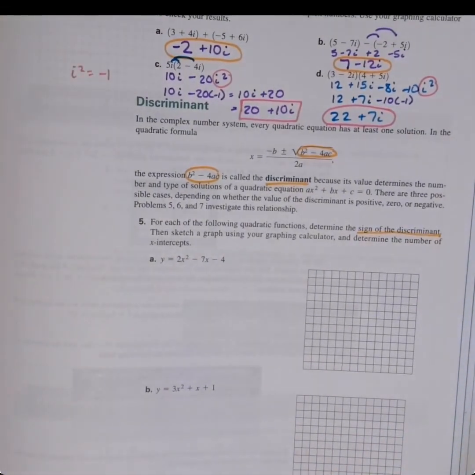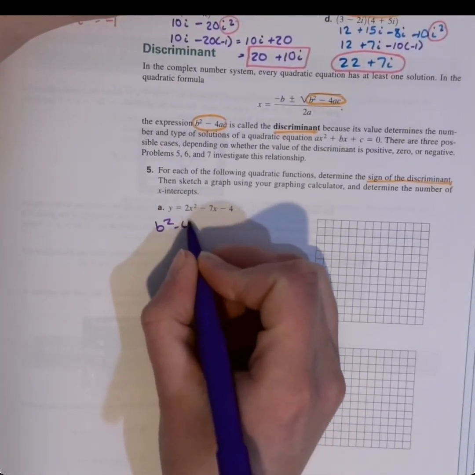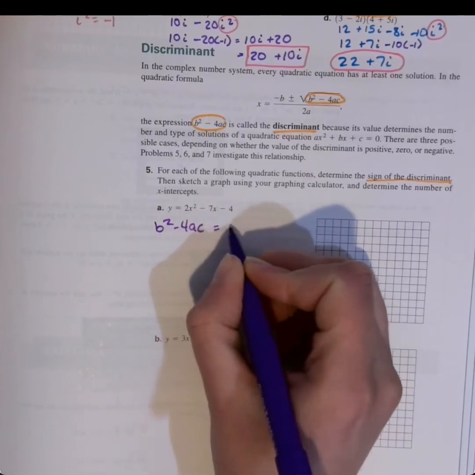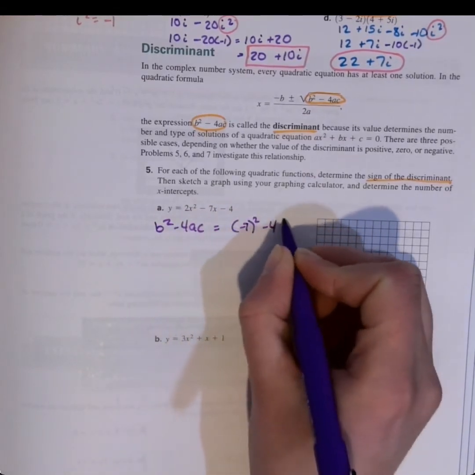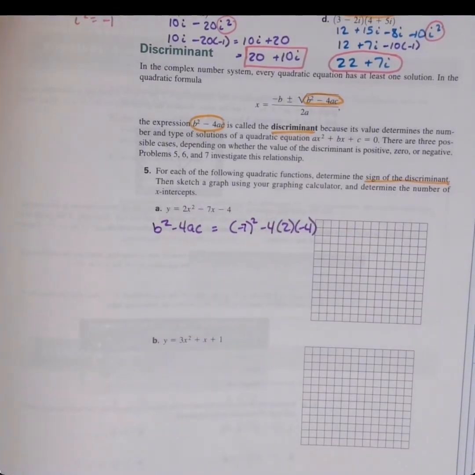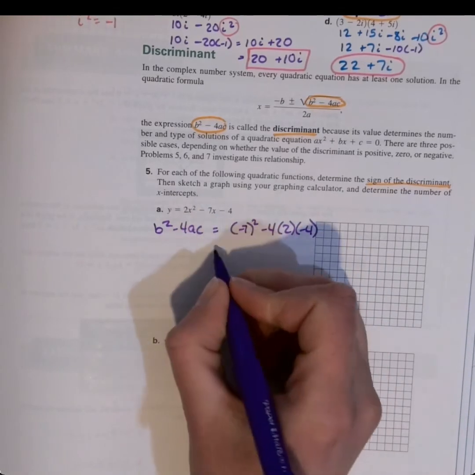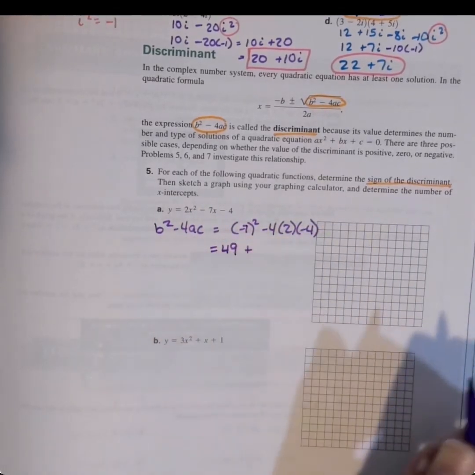Okay, so in the first one, the discriminant. So b squared minus 4ac, that's -7 squared minus 4 times 2 times -4. So that's 49 plus 32.